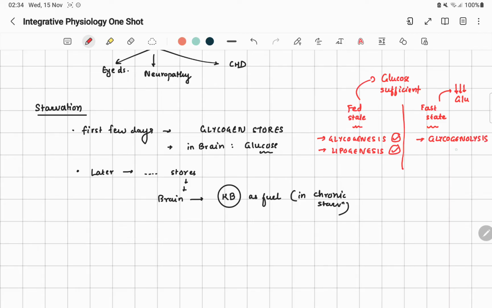And there will be gluconeogenesis and beta oxidation too. Understood?